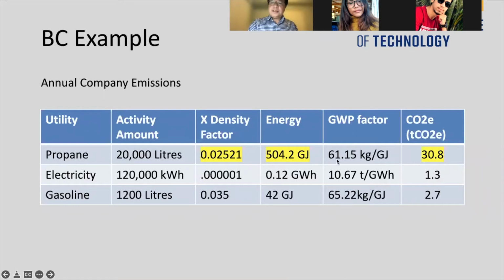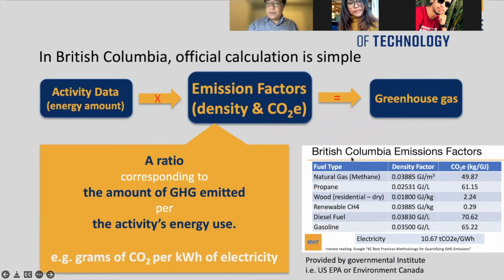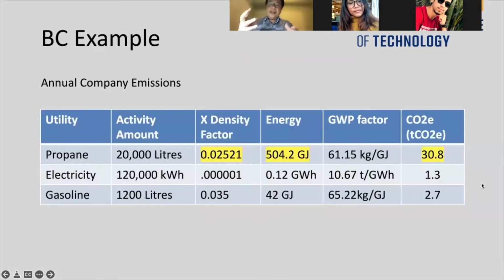This factor is 61.15, which we can obtain in this table. When you know how much energy you consumed and what the emission factor is, by multiplying these two numbers, you can obtain how much carbon dioxide you emit into the atmosphere.